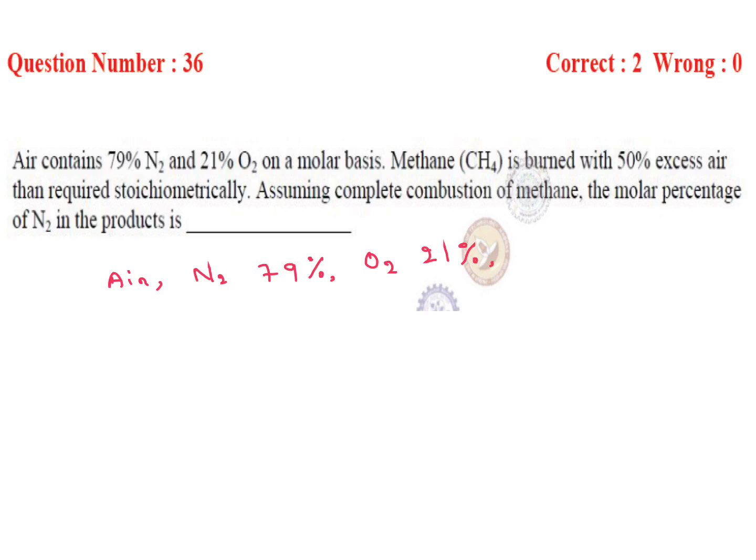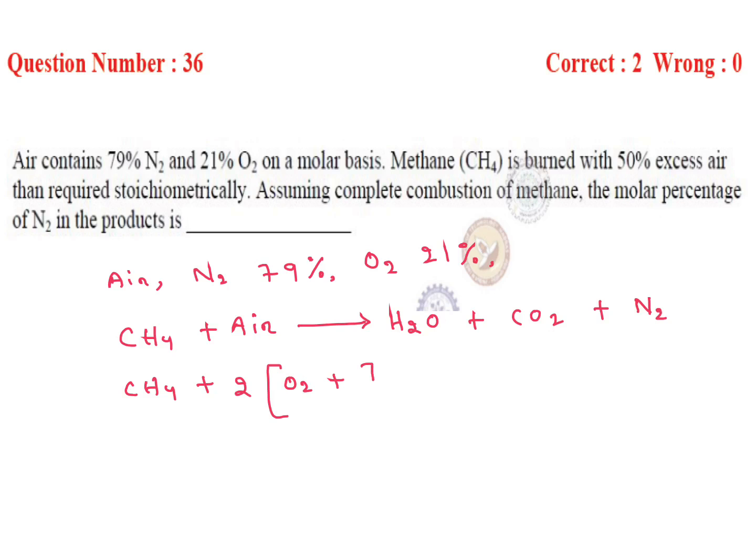So with 50% excess air, CH4 plus air, if it burns, you will get water plus CO2 plus N2. CH4 plus 2 into air, containing O2 plus N2. That percentage is also given on a molar basis, so 79 by 21 N2.